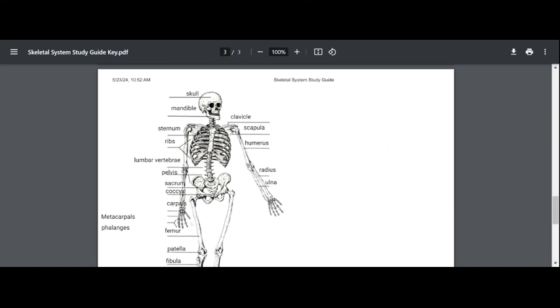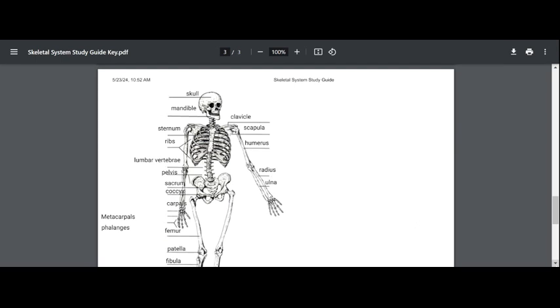And then we have the long bone of the leg right here, which is the femur, the kneecap, the patella. The clavicle is right along here. Scapula is right there. This is the humerus, the radius, and then the ulna is the inner part.